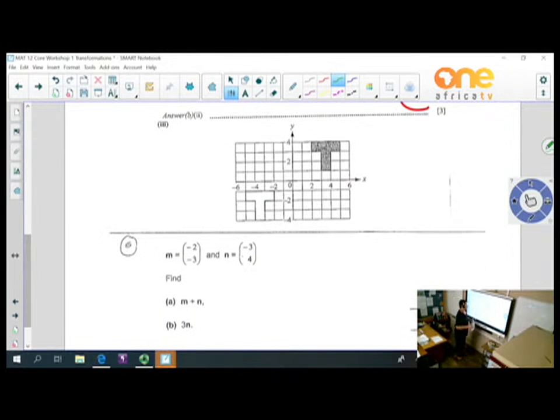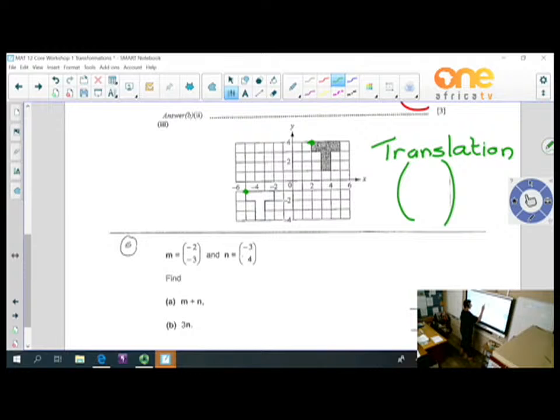The next one. Which transformation is this one? This is now the translation. This is the translation. So it's the slide. Can you see? From here to here. Now we have to find the column vector. So X and then Y. So now I have to move this one, but that point must go to this point because they must be corresponding points.